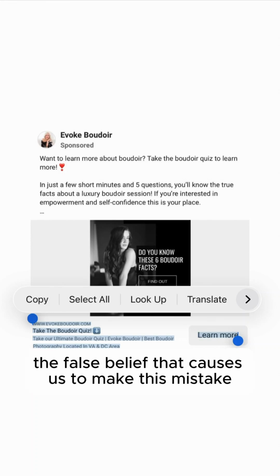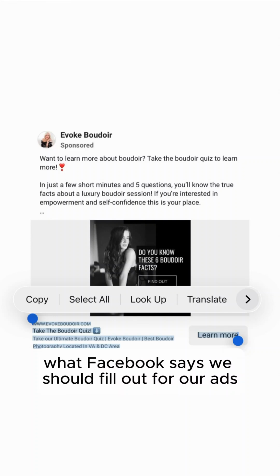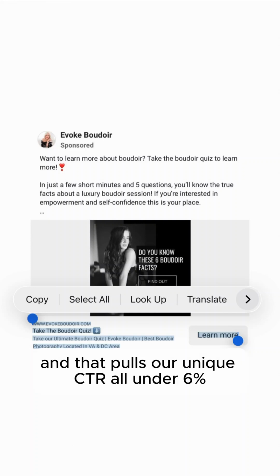The false belief that causes us to make this mistake is that we believe that what Facebook says we should fill out for our ads is what we actually should fill out, and it's best for us instead of being best for Facebook. Consequences of this: way more women scrolling by our Boudoir Facebook ads than necessary, and that pulls our unique CTR under 6%.